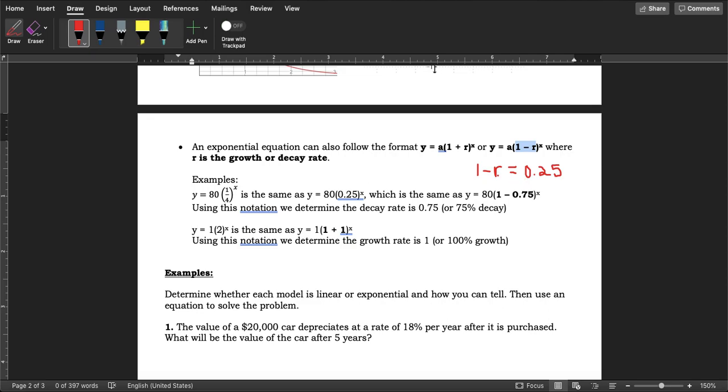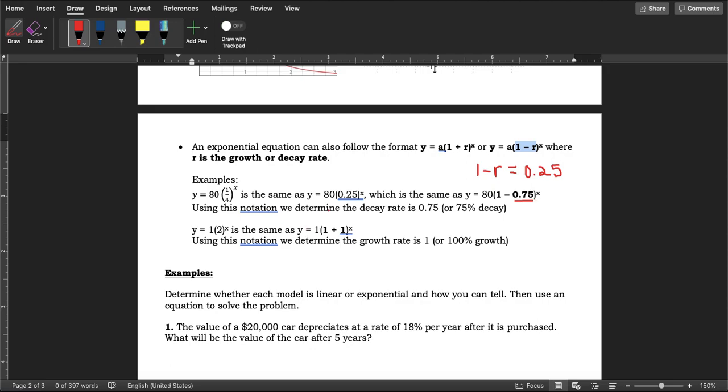And the value that's subtracted from 1 to get 0.25 is 0.75. So you can also think of this formula in this way, as 1 minus 0.75 inside the parentheses. And once I've written it in that format, that helps me to determine the r value. Now I know the r value is 0.75, so now I know the decay rate.